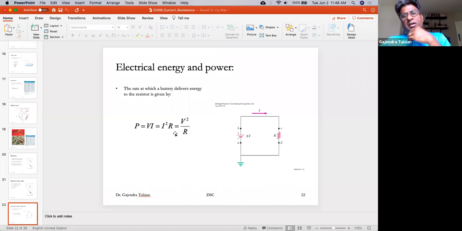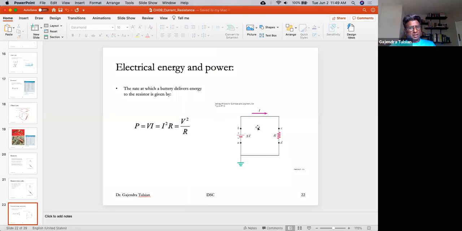And it's also equal to V squared divided by R, where the voltage across this device is just equal to the battery voltage in this diagram. So the power supplied to any device is the voltage across it times the current flowing through it, or I squared R, or V squared over R.